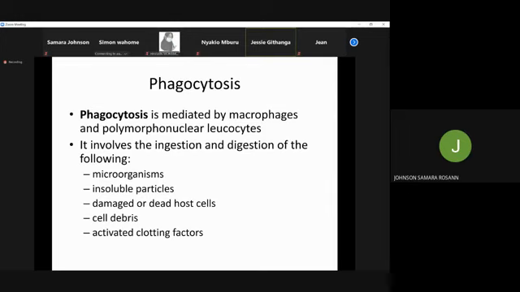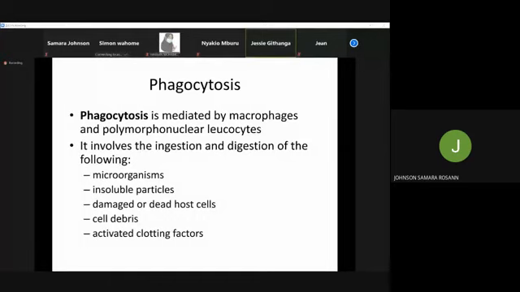So for example, if we went for theater and a bit of the powder from the glove landed in the tissues, that powder will be removed by these phagocytes. They will come and engulf it.